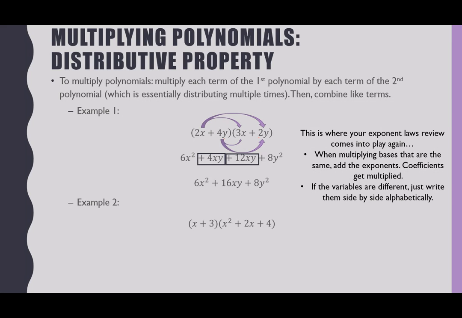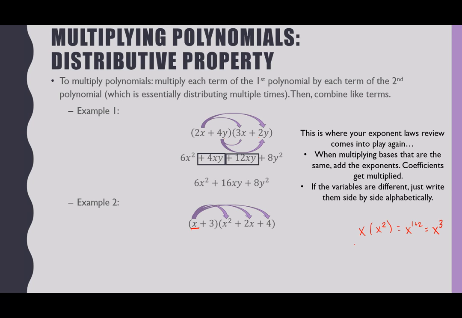We're going to distribute the first term of the first set of parentheses to each term in the second set of parentheses. Okay. Now, when I multiply, and I'm going to put this over here to the side, when I multiply x times x squared, I can add the exponents, 1 and 2.